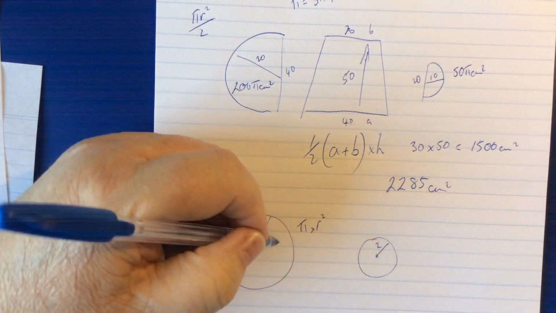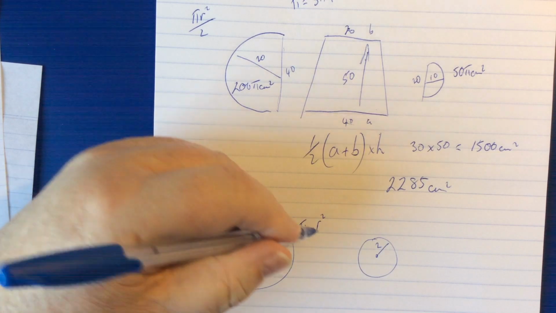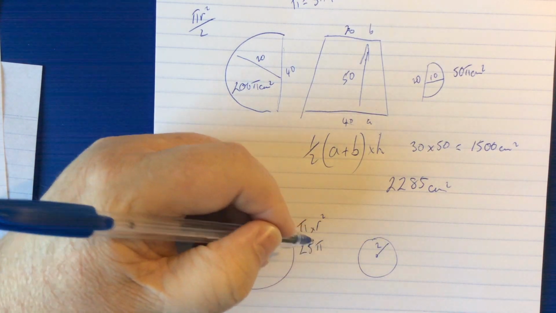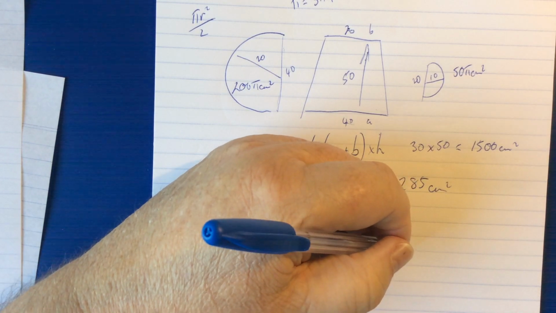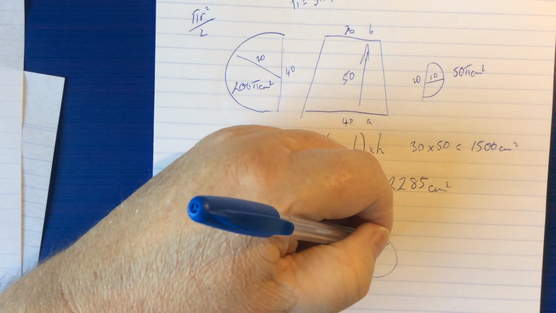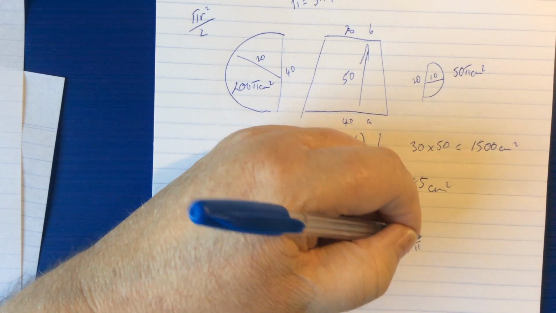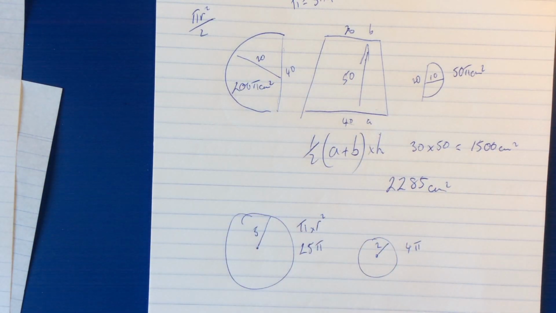Because it's a whole circle, we don't divide by 2. Radius is 5, so that's 25 pi. The radius of this is 2, so 2 squared is 4, so this is 4 pi. In total we have 29 pi as the area of these two circles.